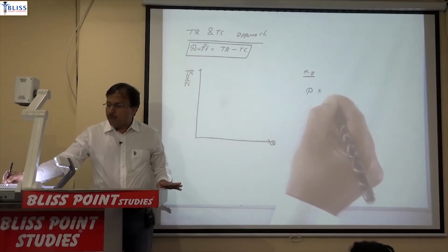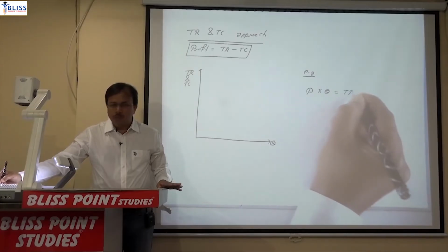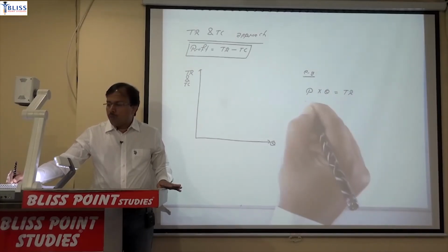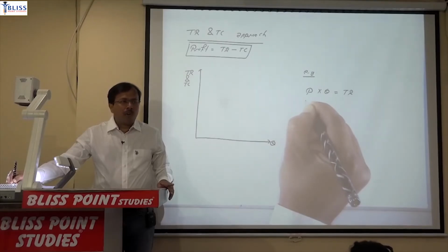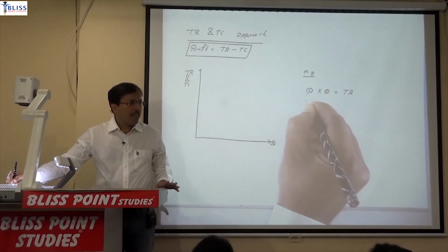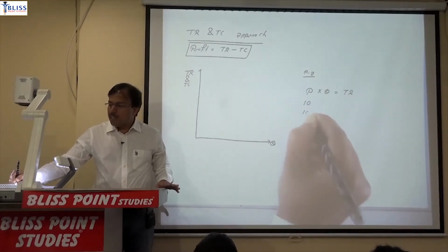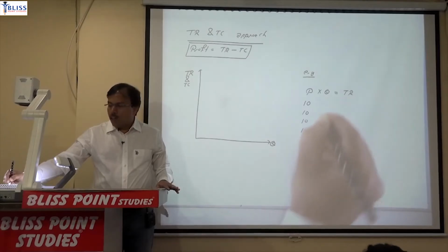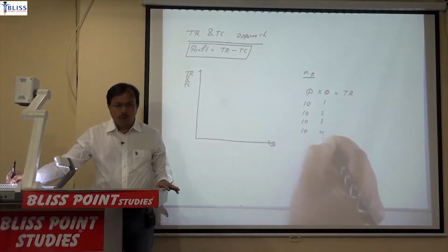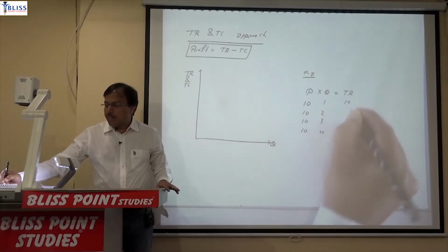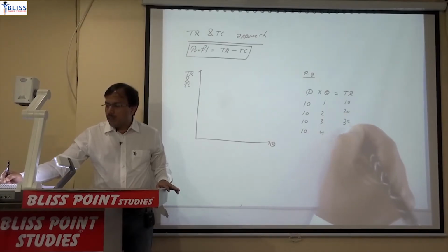Price multiplied by quantity will be total revenue. But price for one firm is constant, given. So quantity 1, 2, 3, 4, and this will be 10, 20, 30, 40 and so on.